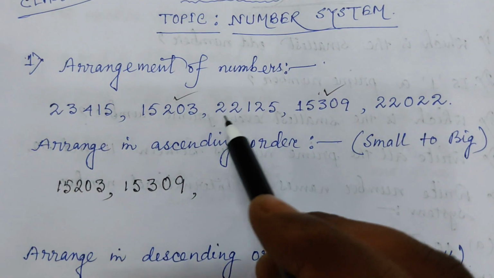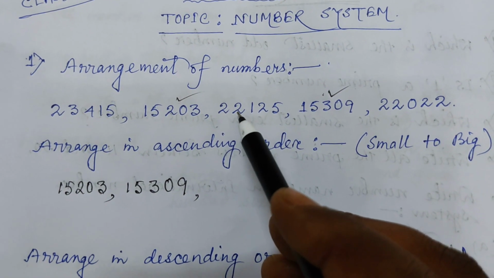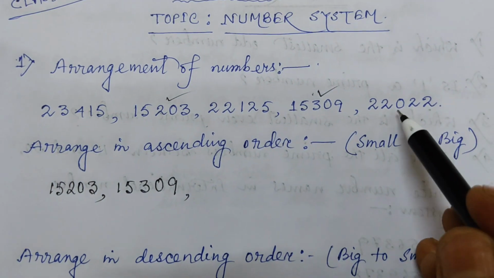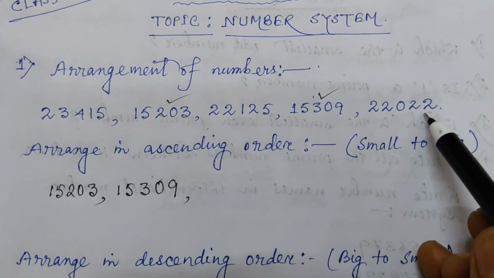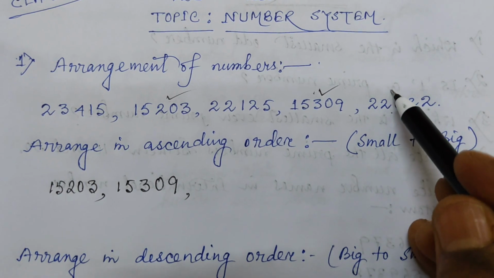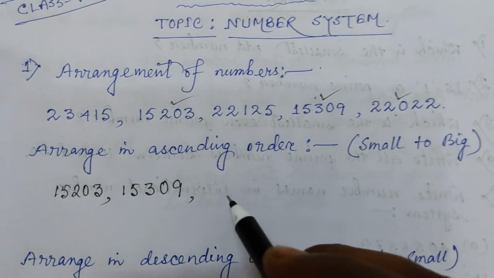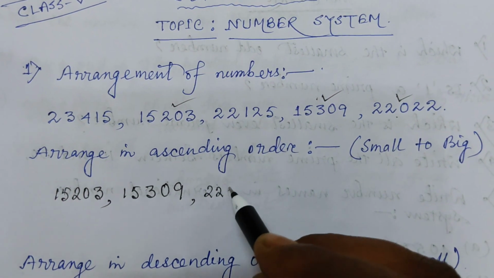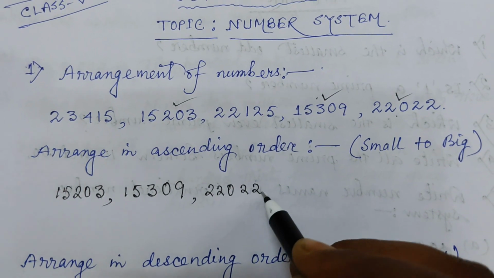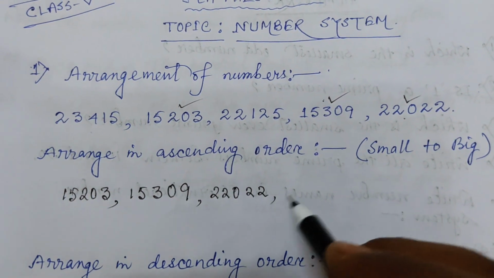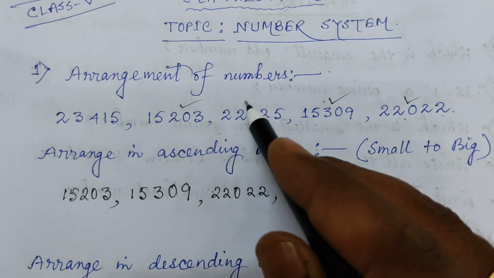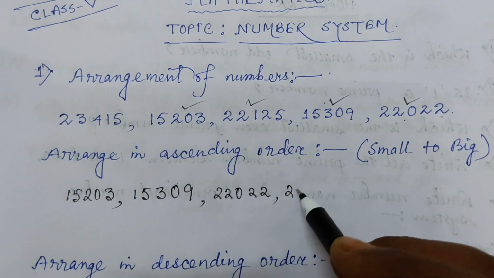Now next, 22,125 and 22,022. Which one is smaller? This one. So 22,022. Next 22,125.